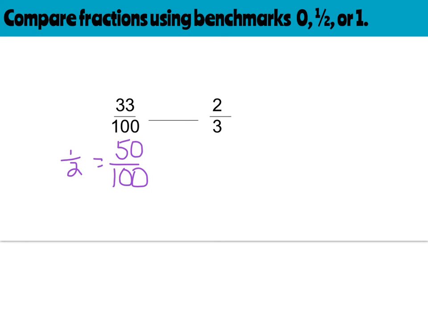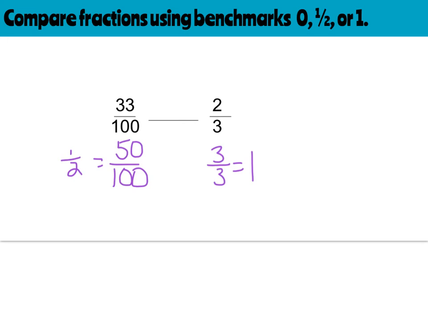And then when I think of 2/3, and again, this is a third, so it's an odd number of units, so I can't find that perfect half, but I can realize that it is larger than 1/2. And I can also think of it as how close it is to 1 whole, or 3/3. 2/3 is just 1/3 away from 1 whole, while 33 hundredths is less than 1/2.